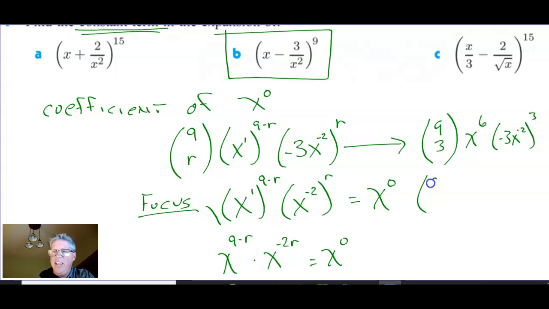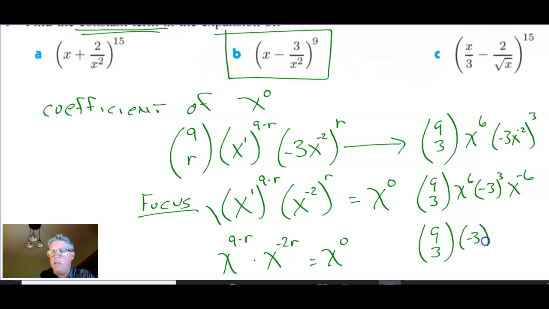So 9 choose 3, x to the 6th, negative 3 to the 3rd, x to the negative 6th. And that's what we expect, we get x to the 0. 9 choose 3 times negative 3 to the 3rd. You don't write x to the 0. You just call it the constant term. You can call this whenever you want. So don't complain to me about too long.